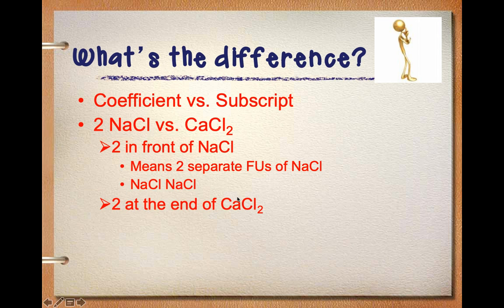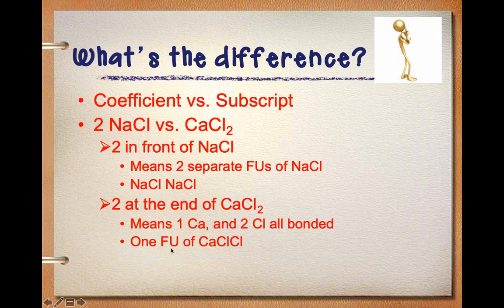When you put a 2 at the end of a formula like CaCl2, that 2 only goes with the element right by it, versus the 2 in front goes to everything behind. 2 NaCls, another 2 NaCls. So this means you have 1 Ca and 2 Cls, but they're all bonded together. So one formula unit of Ca, Cl, and Cl.